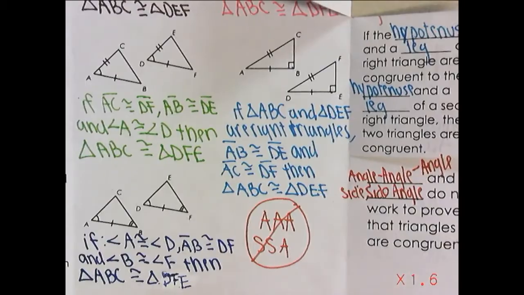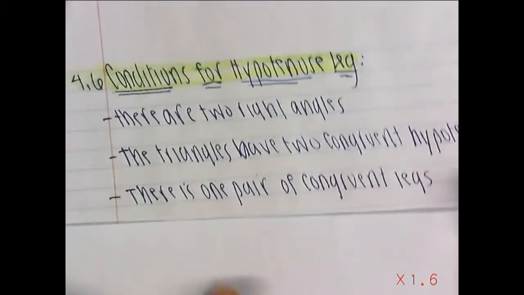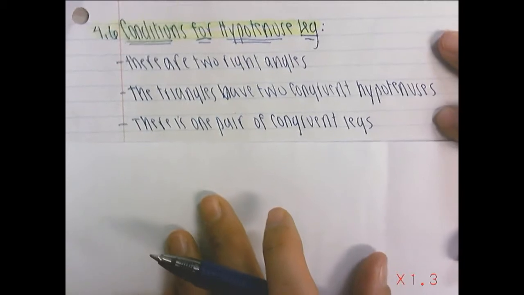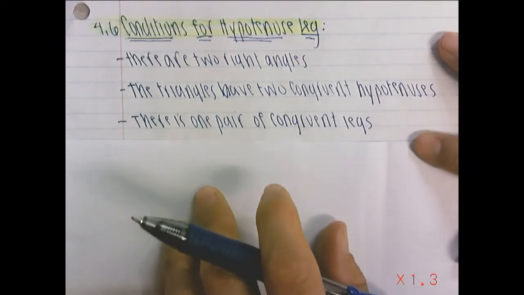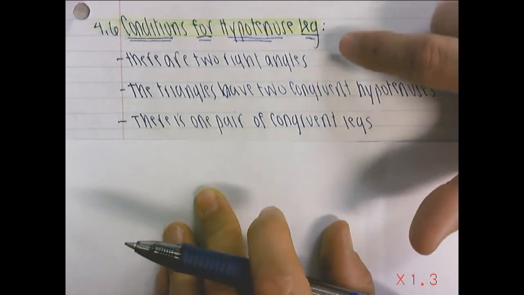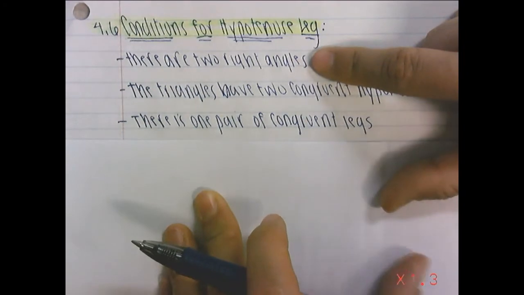But there are certain requirements I want you guys to look for. The conditions, okay? You need to make sure. The first thing you need to make sure of, if you want to use hypotenuse leg, is that there are two right angles. That's the big thing. The conditions for hypotenuse leg: you have two right angles, because if it's not a right triangle, you can't do it.